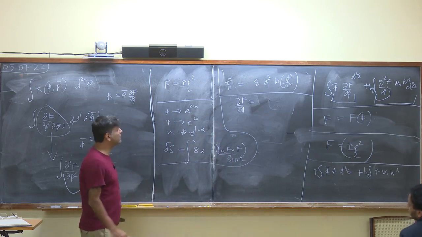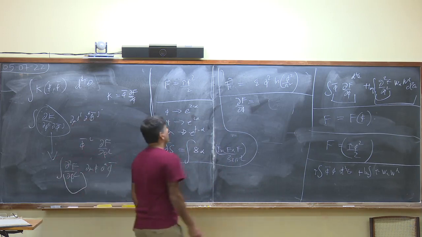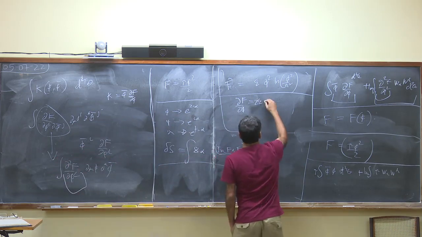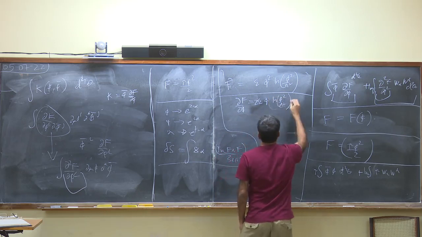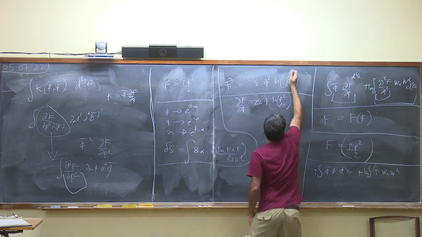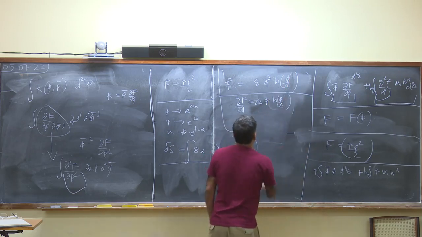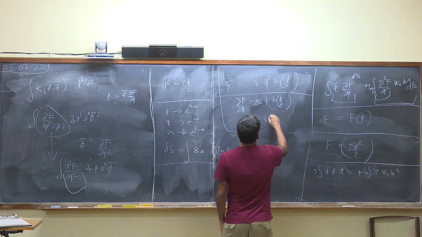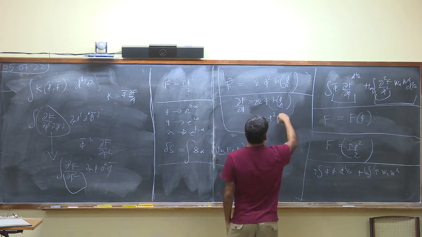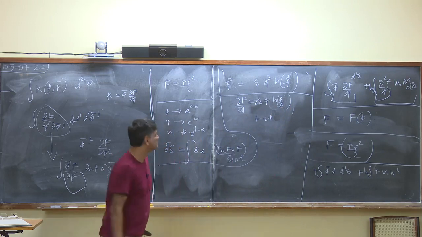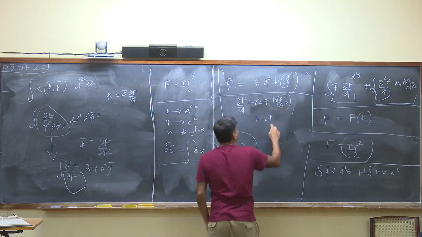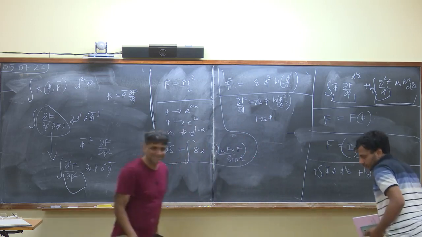So let's compute del f by del phi. Okay, so there are two terms. There's 2 zeta phi log phi squared by lambda squared. Let me call it log phi by lambda. Plus zeta phi, and then we will get 2 zeta.